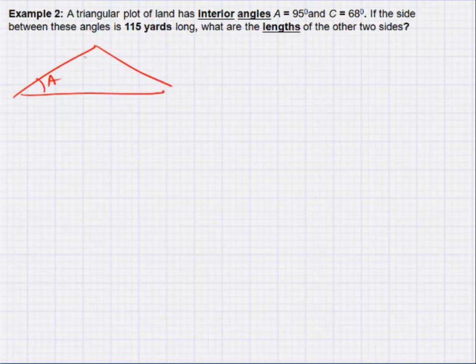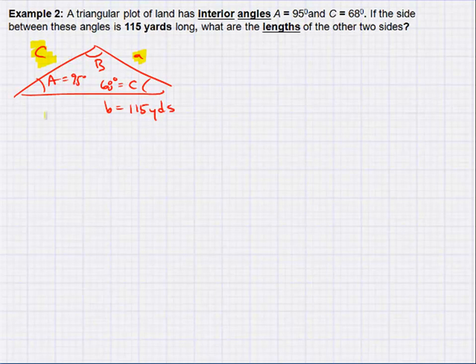I'm going to label this A, B, C. So if this is 95 degrees, this one is 68 degrees, and the side between them, which would have to be B, is 115 yards. What are the lengths of this side and this side? So we need A and C.